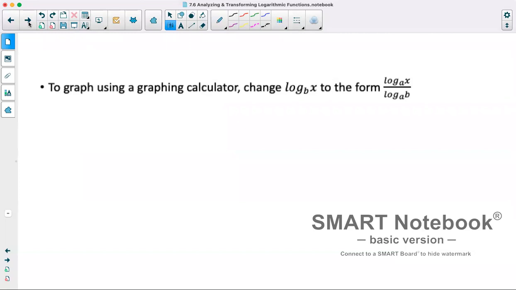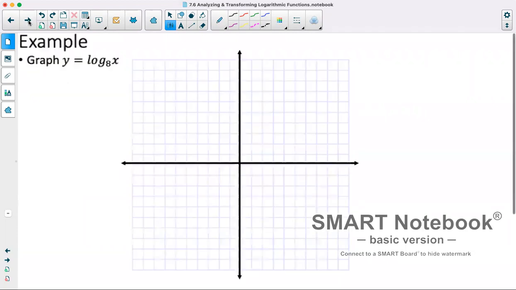Now to graph using a graphing calculator, we want to simply change from log base b of x to this form here. So log base a of x over log base a of b. So for example, if we wanted to graph y equals log base 8 of x, what we would really enter in our graphing calculators is log of x divided by log of 8.